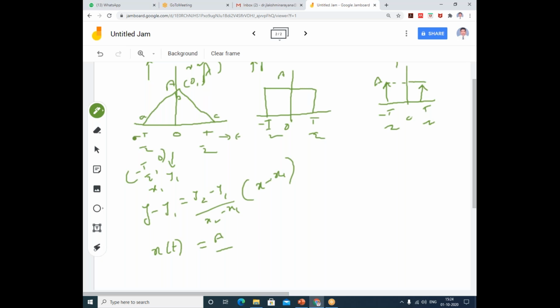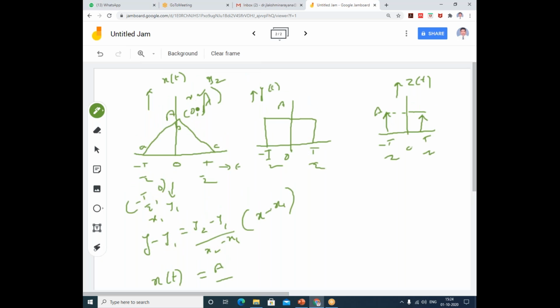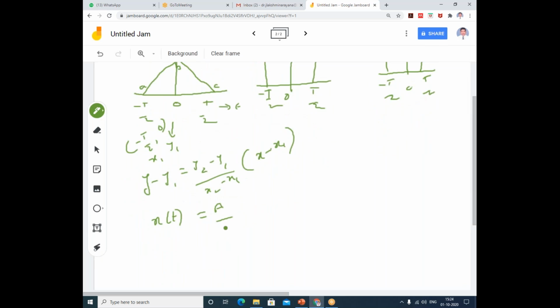When x2 is 0 and x1 is minus T by 2, minus and minus becomes plus, so it is T by 2.